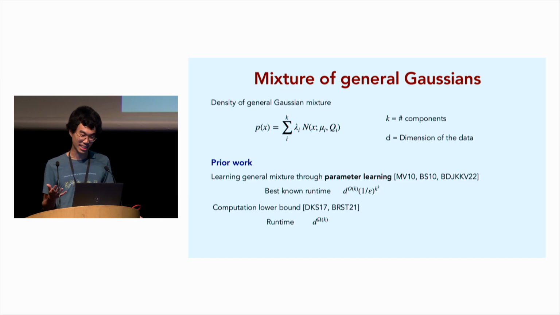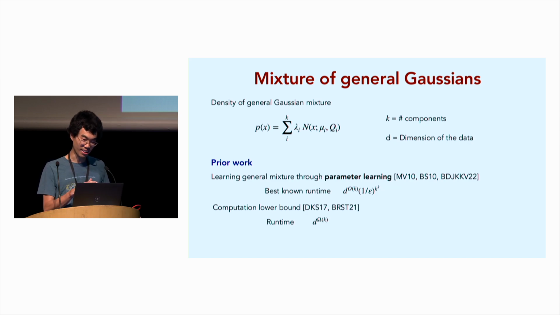Here's the setup. We have unknown Gaussian mixtures, with some weights lambda i, some unknown means mu i, and covariances Q i. Here k is the number of components, and d is the dimension of the data. This has been studied by a long line of work in theoretical computer science.